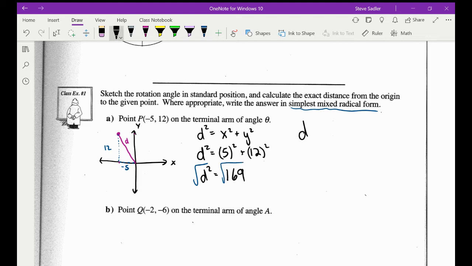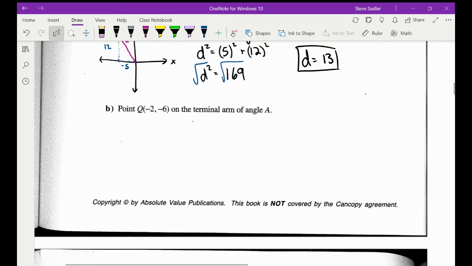So we're left with d is equal to the root of 169. And lucky for us, that is a perfect square. So d is 13. We're just using the Pythagorean theorem, but we're putting it onto a coordinate system here, and you can go from there.